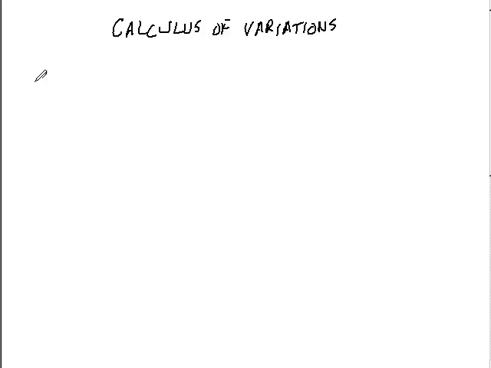So you might have a physical quantity. Suppose you have a light ray going from, say, point 1 to point 2. Now we know in a vacuum the straight line will minimize the distance between these two points.